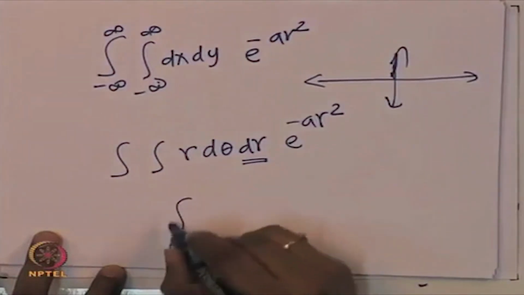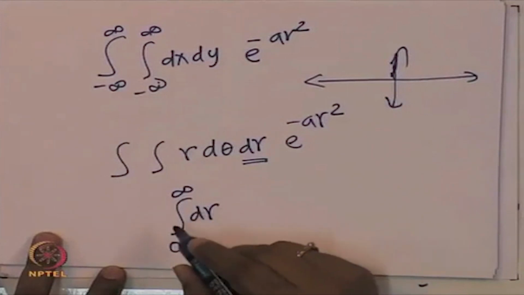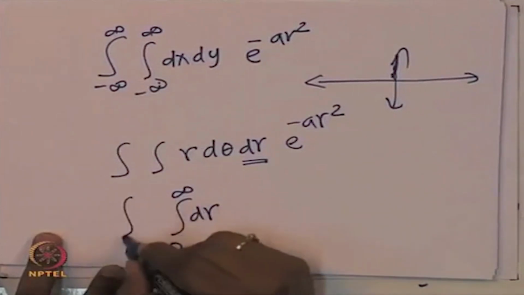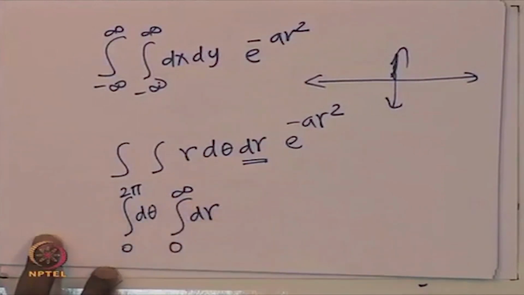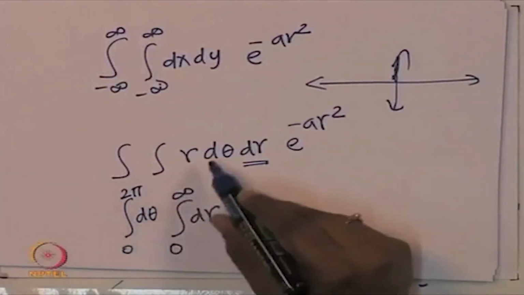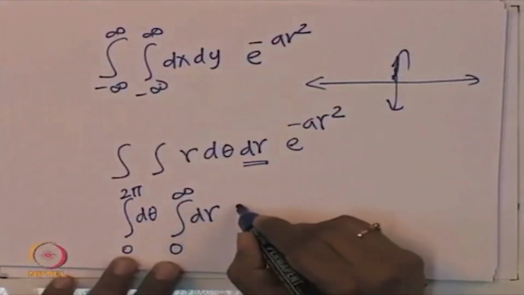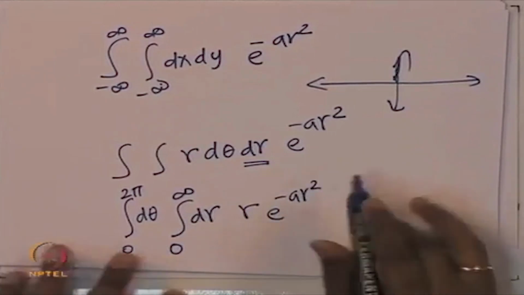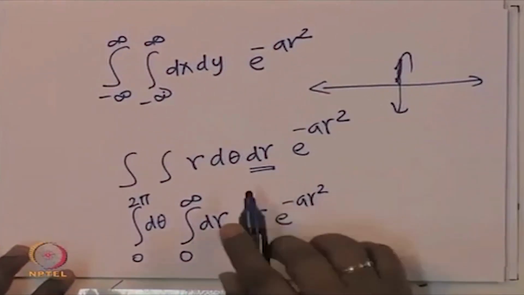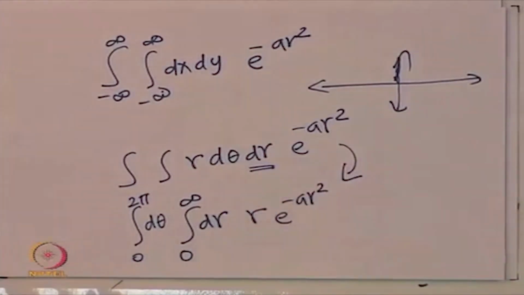So, you have 0 to infinity dr, and theta is the angle, so this will go from 0 to 2 pi. So, 0 to 2 pi for theta and 0 to infinity for r, and then you have r e power minus a r square. If you substitute, this became this, and we just rewrote everything and put in the right limits.